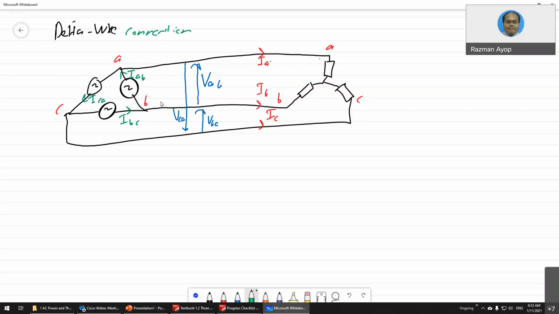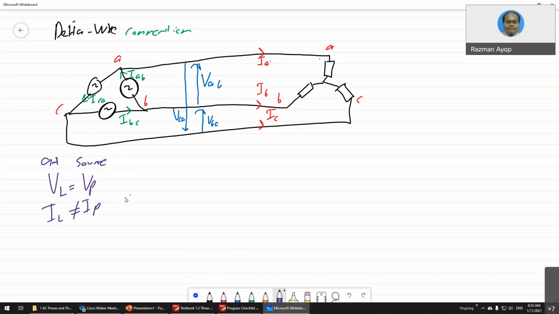Now, how to calculate? At the source, V line is equal to V phase, but I line is not equal to I phase.